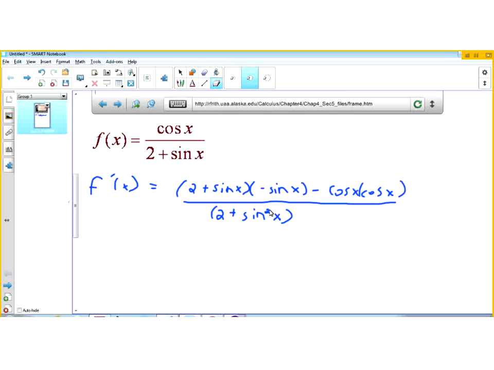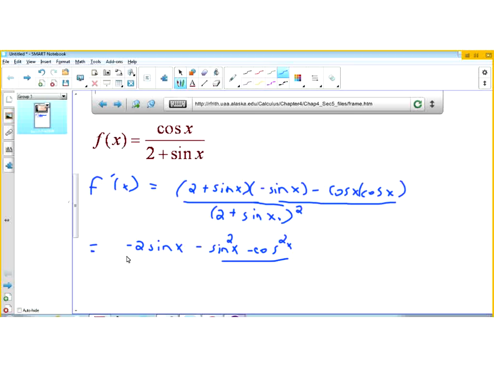Not sine squared, sorry, 2 plus sine x quantity squared. Okay, now we'll simplify the numerator. So that would be minus 2 sine x minus 2 sine x minus sine squared x minus cosine squared x.